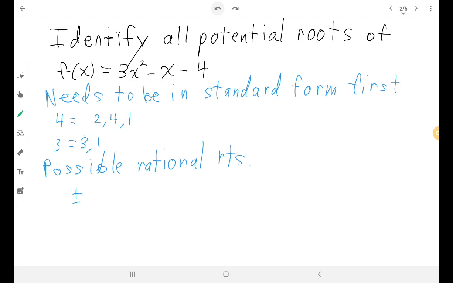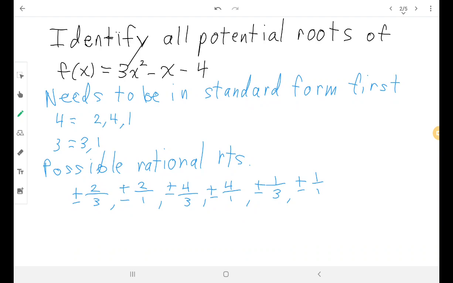So plus or minus 2 over 3. Plus or minus 2 over 1. Okay? Then I'm going to do the same thing with 4. Plus or minus 4 over 3. Plus or minus 4 over 1. And then finally I'll do it with 1. Plus or minus 1 over 3 plus or minus 1 over 1.